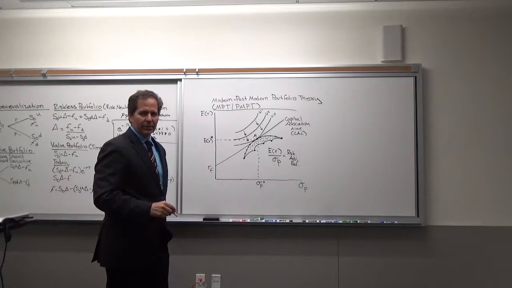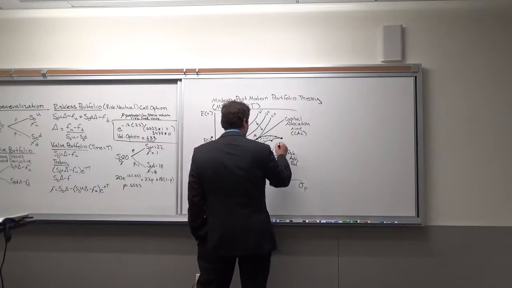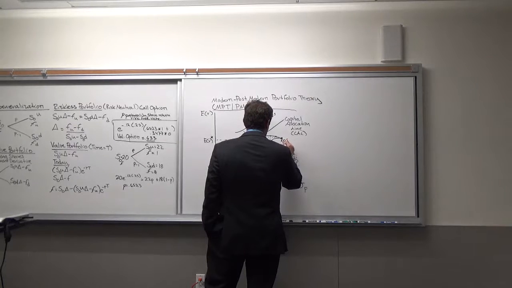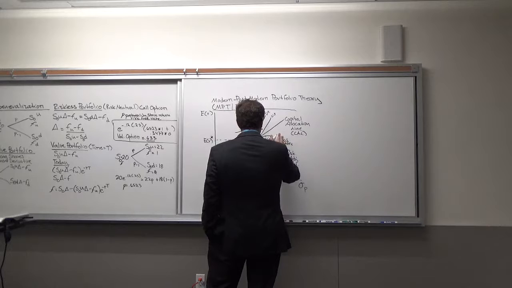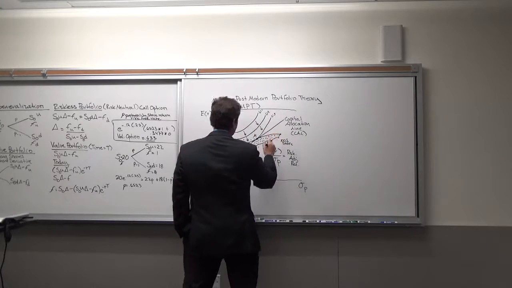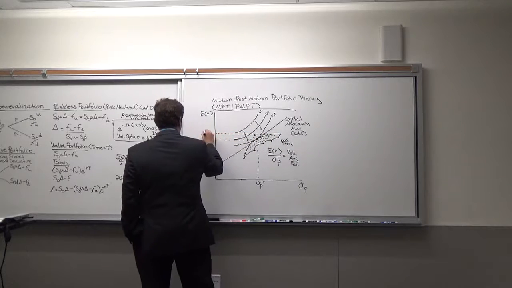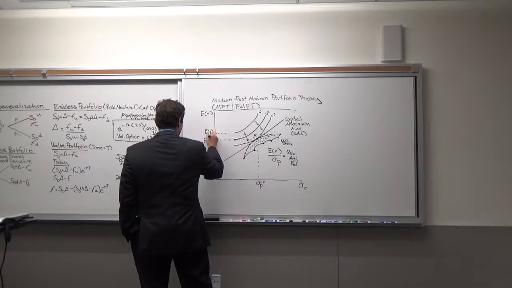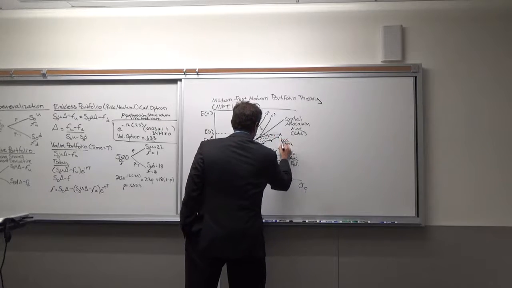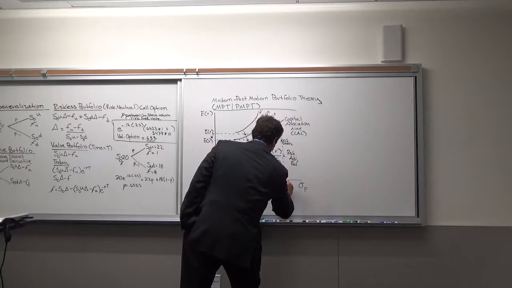Now you can build a portfolio of 100% stock. And that portfolio is going to give you high expected return, but also you will have to take on significantly more risk.